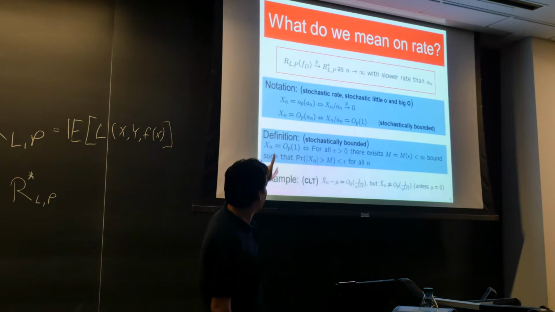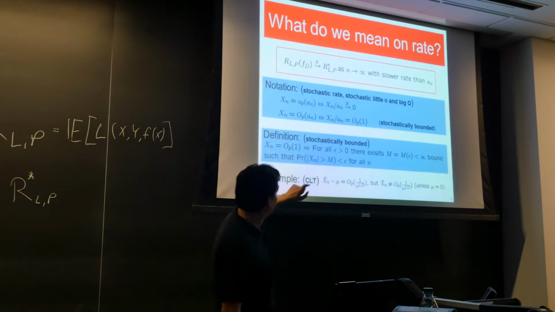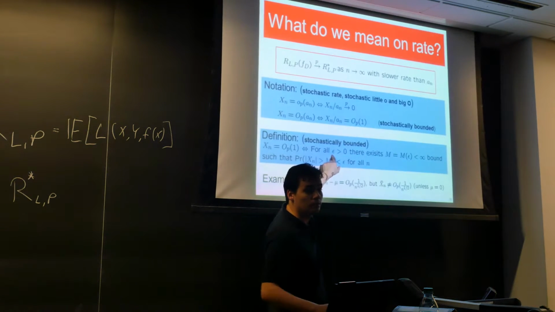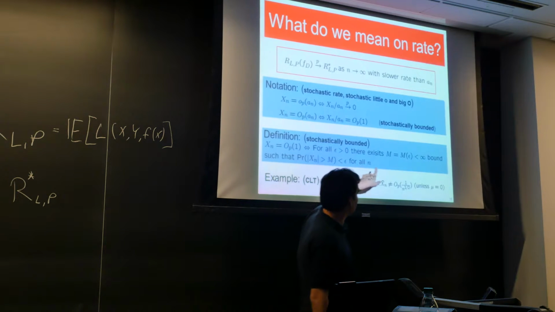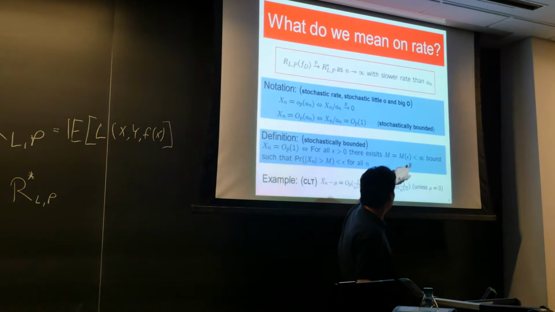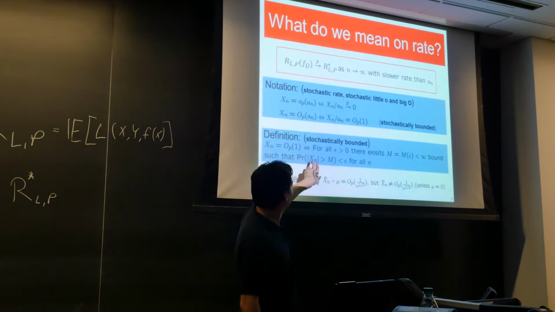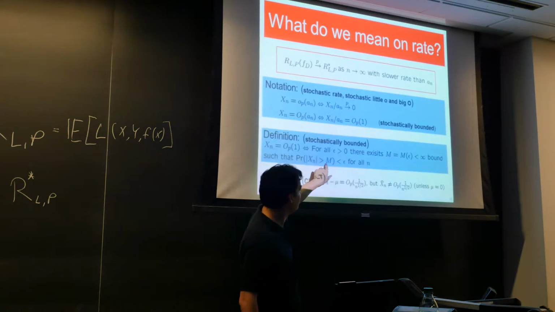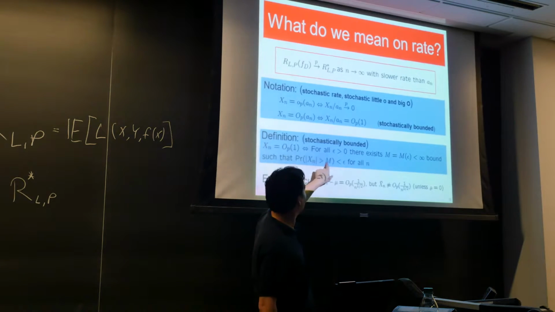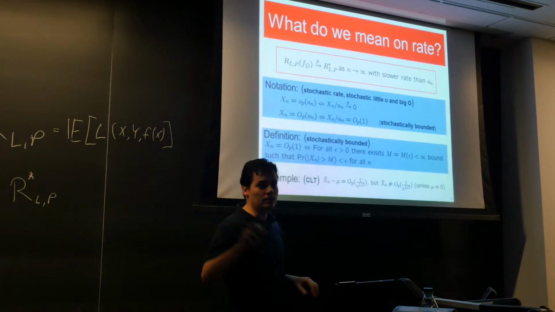Stochastically bounded means that for all epsilon, a fixed number, there exists a threshold number m epsilon, which is finite, such that the probability that the absolute value of xn is bigger than m is less than epsilon. Okay, so what does that mean?